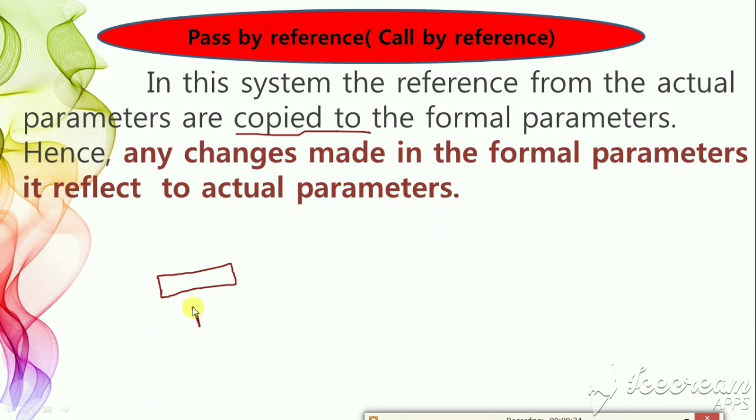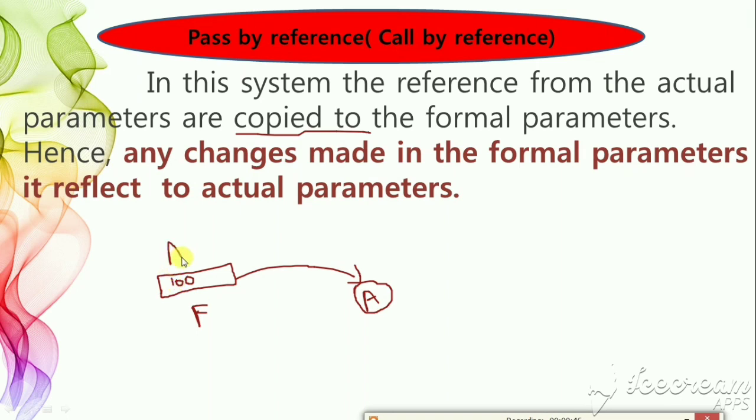This is the address of the formal parameter. 100 is the address or reference for the formal parameter, and the actual parameter is also stored at this same address. So 100 is the address for both the formal parameter and the actual parameter.